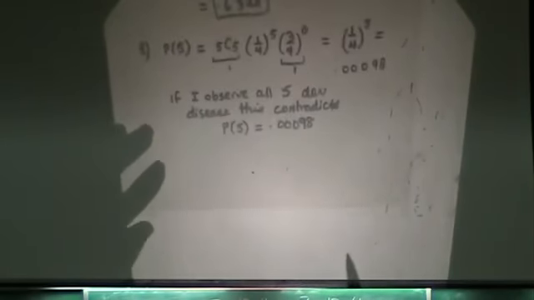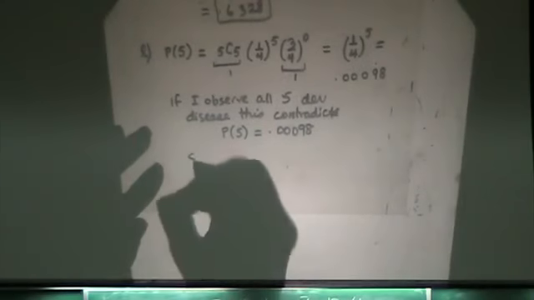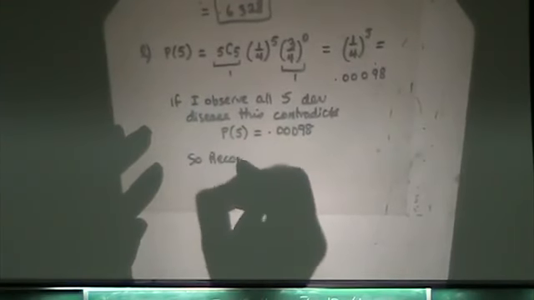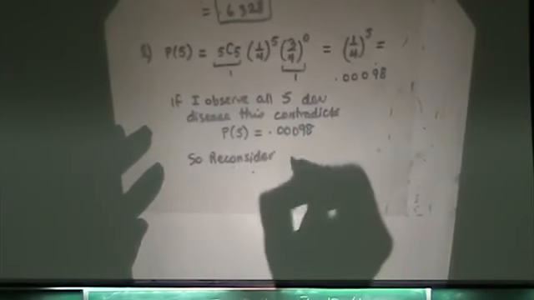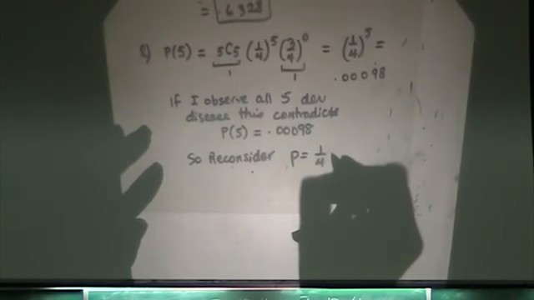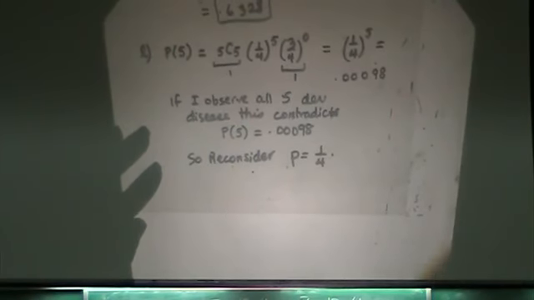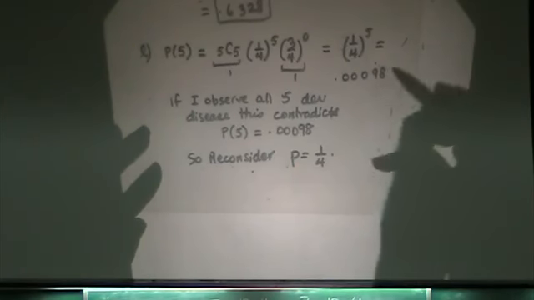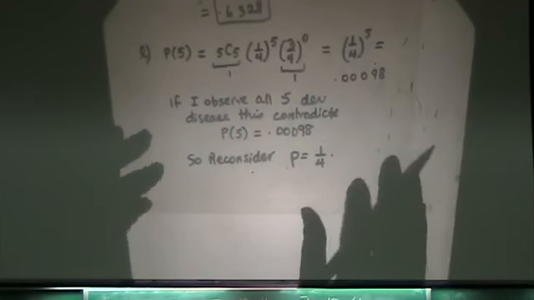Agree? So reconsider that p equals 1/4, meaning something's wrong with the model, because in reality, if you observe all 5 developing the disease, that doesn't match with what is expected according to this model.